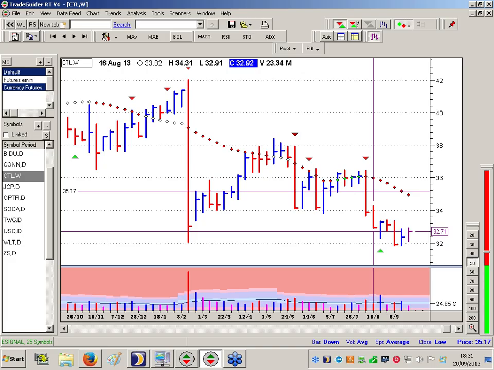Stopping volume does not appear like that, not in one go. But now here, this is where you'd expect to see stopping volume, around about here. But there isn't any. So this stock is not acting strong, and it's certainly not the stock you want to be interested in going long.